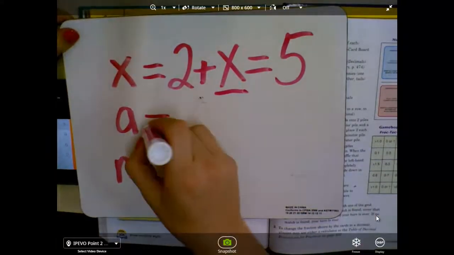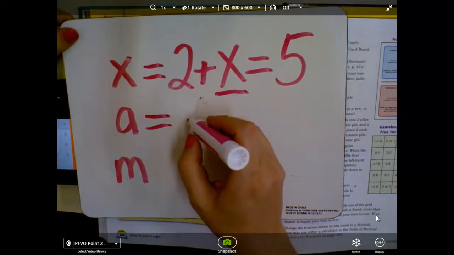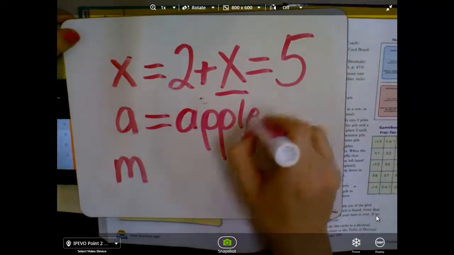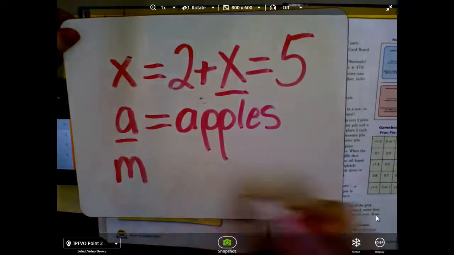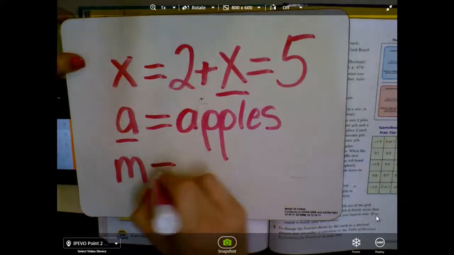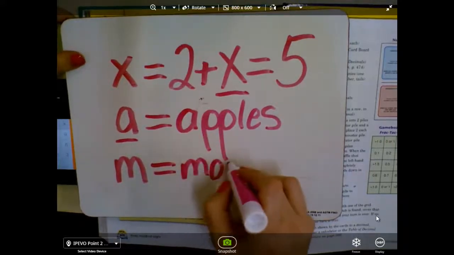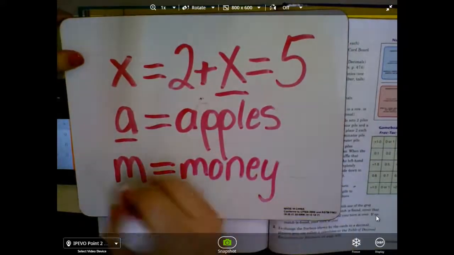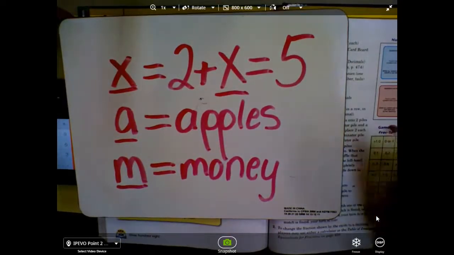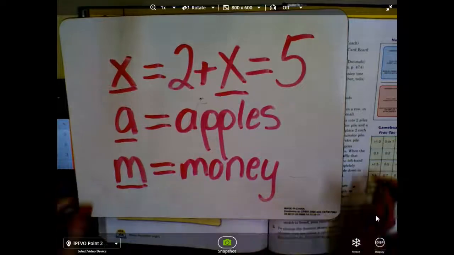Sometimes the letter A is used as a variable if the question says maybe how many apples does someone have. They might use A to represent the variable if you're finding A for apples, or same thing, M for money. But a variable is just using a letter to represent the unknown numerical value in a problem. This should be a review.